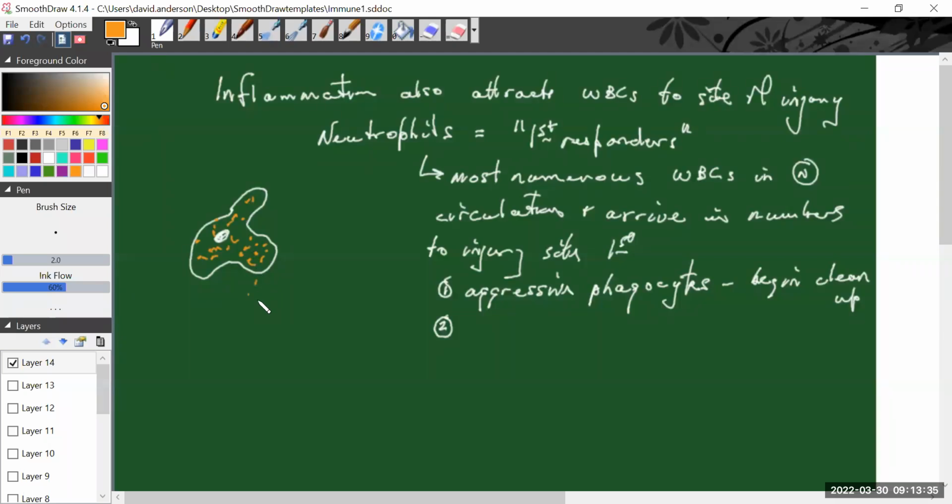Well, when those granules get released, those granules are going to be able to degrade or break down what was eaten, degrade the phagosome. So the phagosome was what was ingested by phagocytosis. Let's just leave it at that.